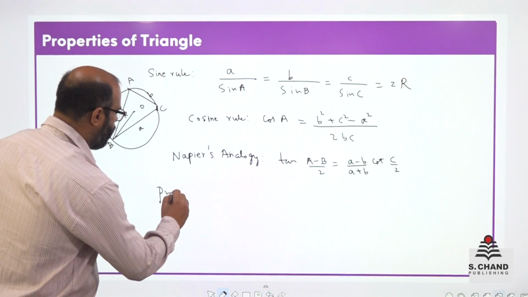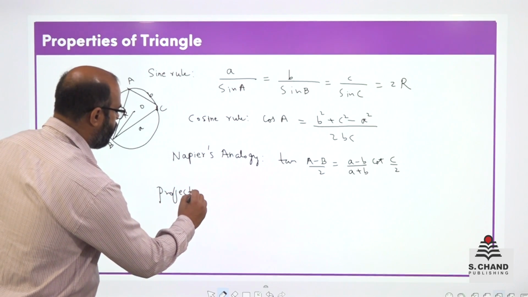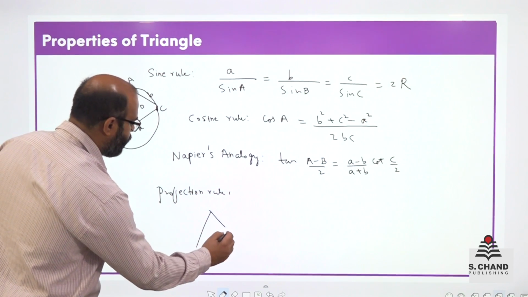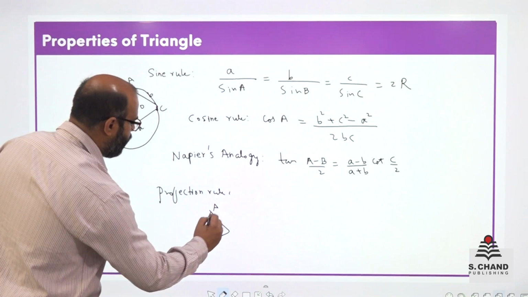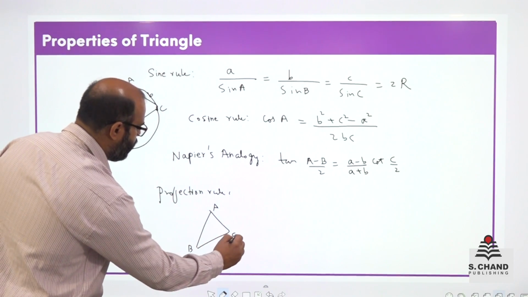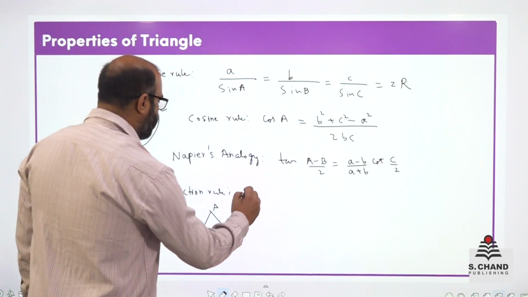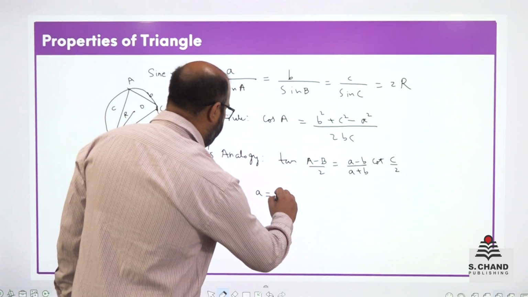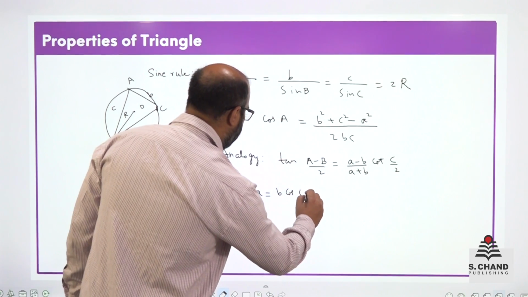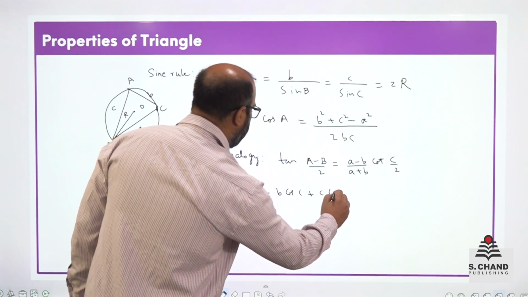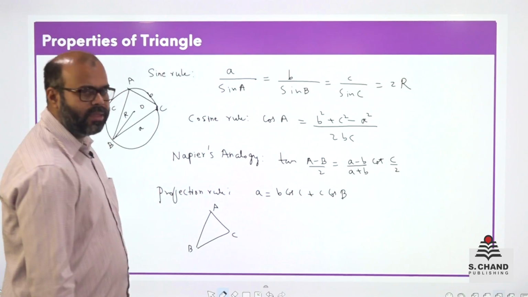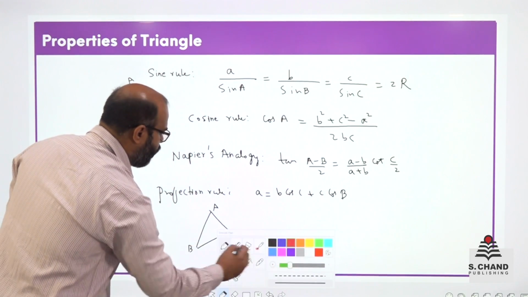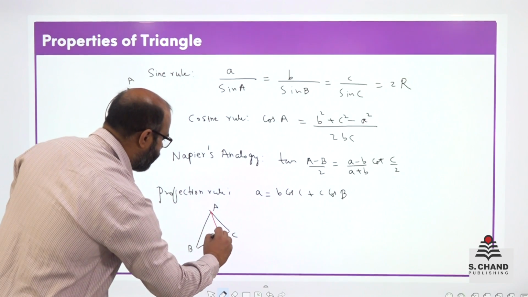Projection rule. What is projection rule? Projection rule says that in a triangle ABC, let us take this triangle A, B, C. We have, suppose, a. So a side can be written as b cos C plus c cos B. How can we write this? It is not so difficult to understand. Let us drop a perpendicular from A on BC.